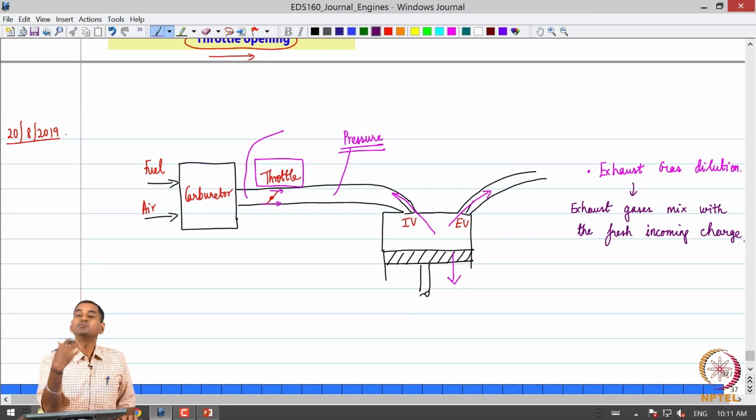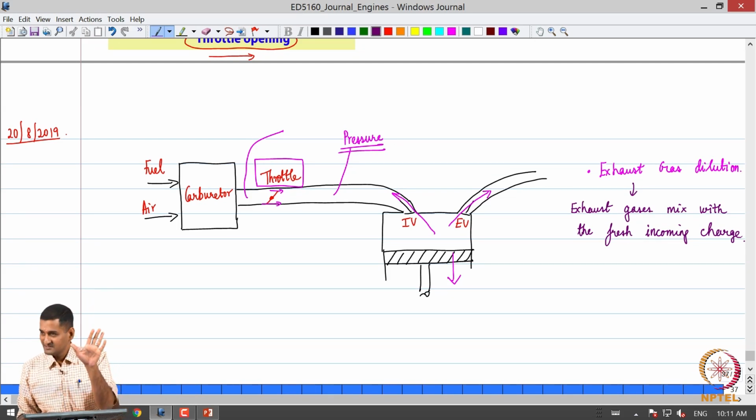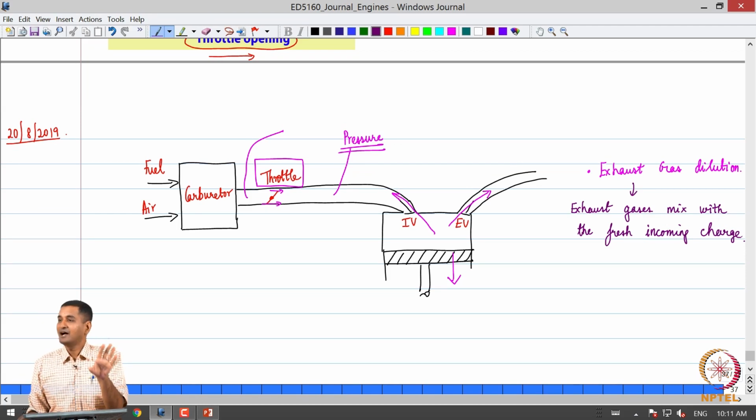In order to prevent that, or to overcome that, we have a rich fuel air mixture, in the expectation that although all the fuel may not combust, at least a significant part of it will still combust and sustain the combustion process.